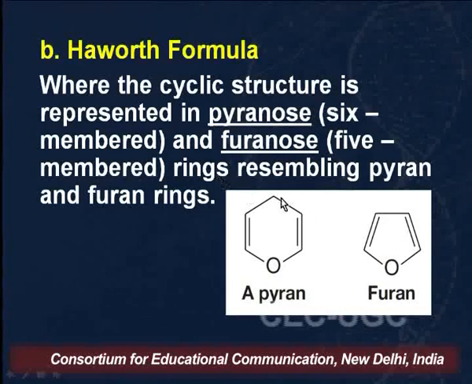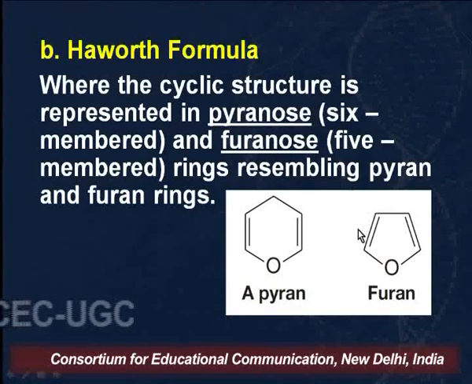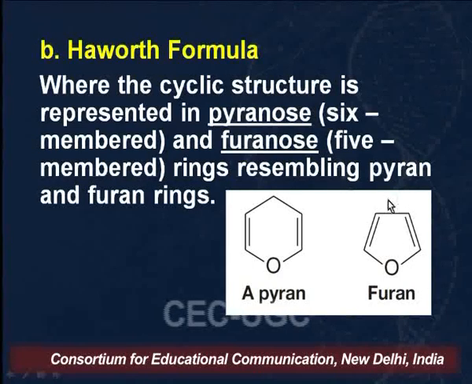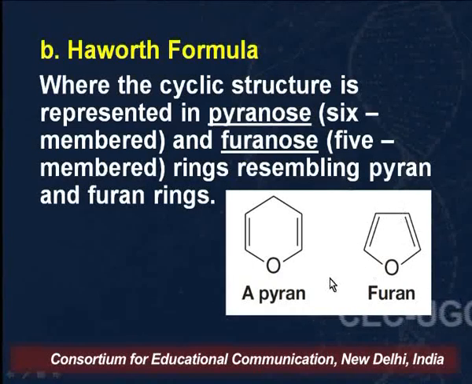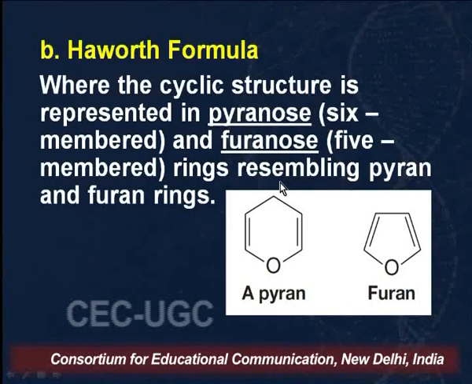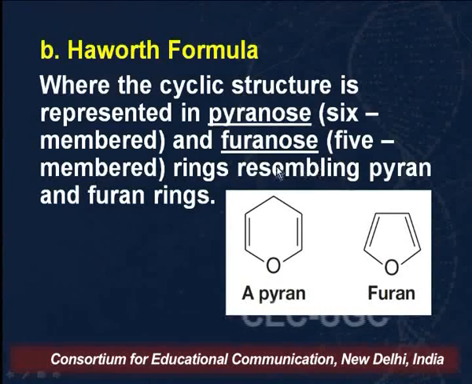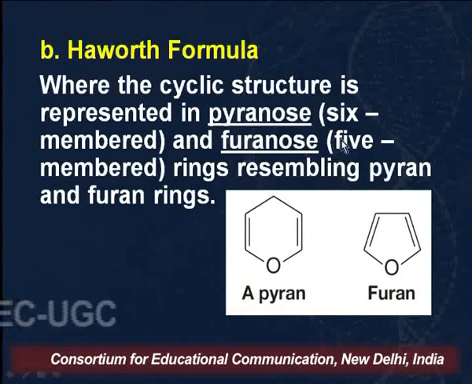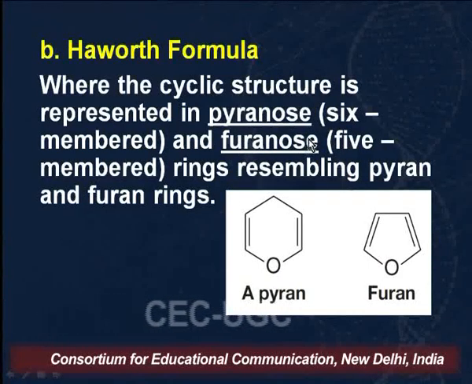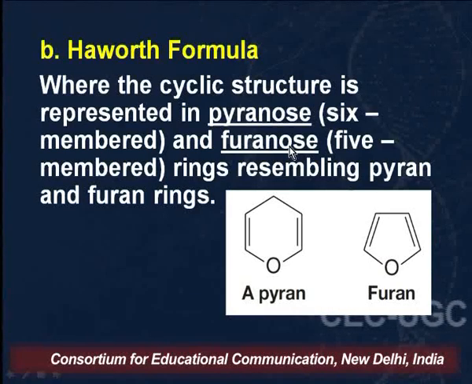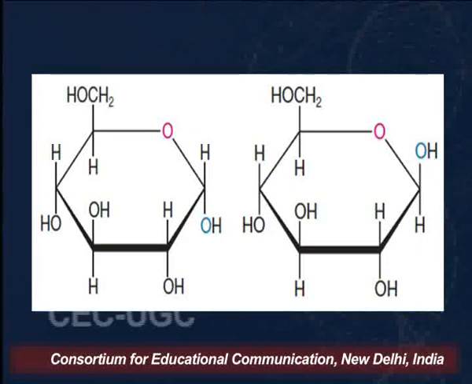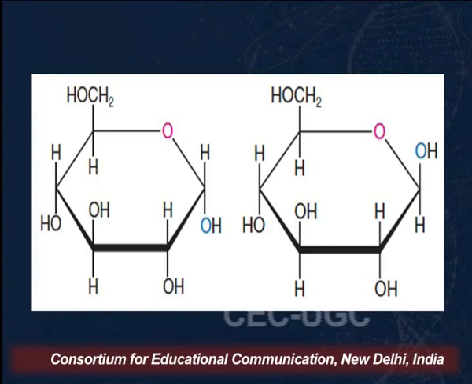But if the ring is 5-membered, as we saw in our previous lecture in the case of fructose, then the basic structure there is that of furan, which is a heterocyclic oxygen compound, and therefore that 5-membered ring we call furanose, because it has the basic structure of furan and it is a carbohydrate, so we call it ose. So in the Haworth formula, a monosaccharide will be represented either in a 6-membered ring or a 5-membered ring.